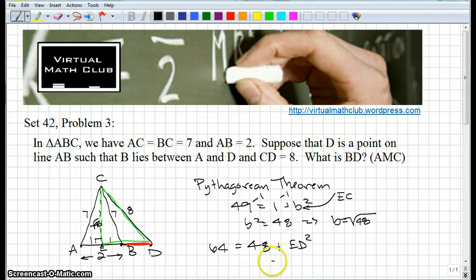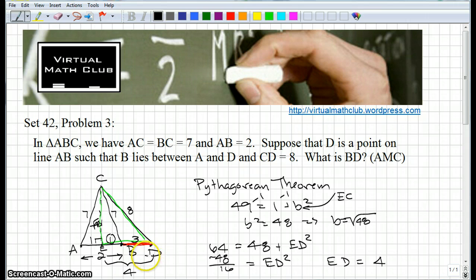If I want to know the length of ED, I take 64 minus 48, and I get 16, and that's equal to ED squared. So the length ED is equal to 4. Now I know that this length here, from E to D, is 4. I know that this is 1, so the rest has to be 3, because it has to add up to 4.